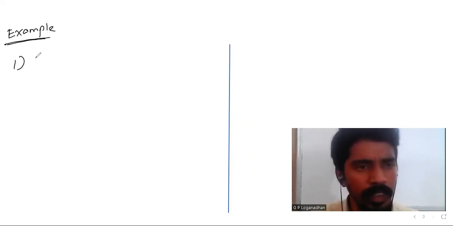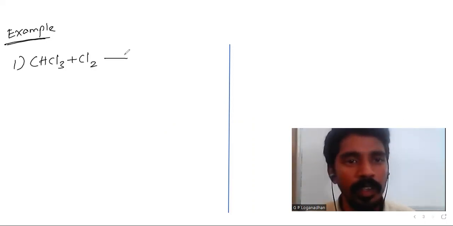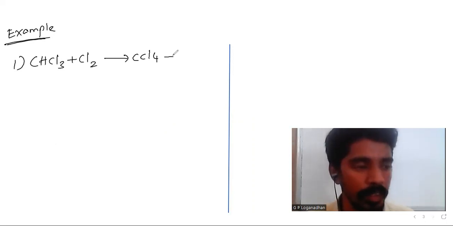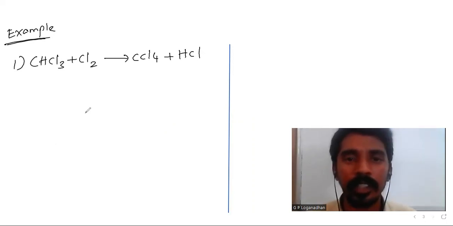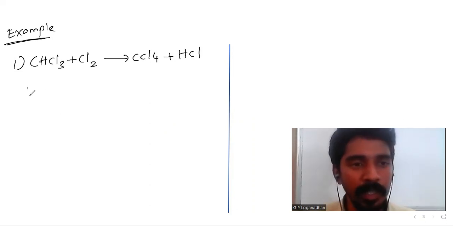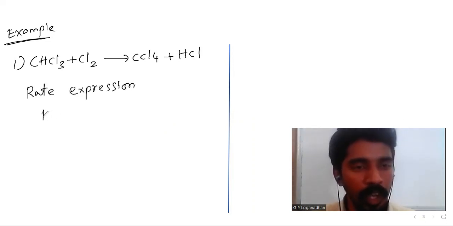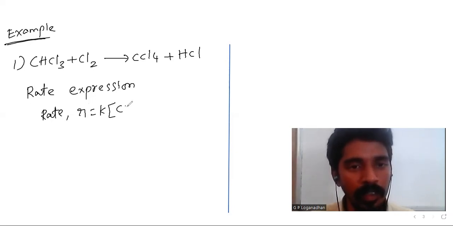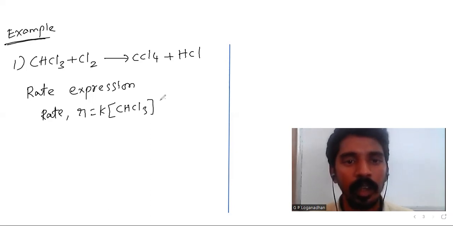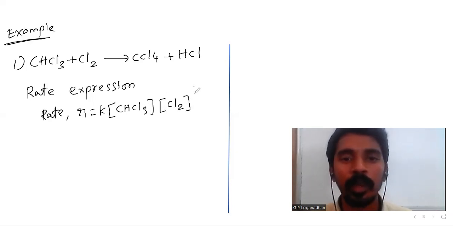Let us consider the reaction CHCl3 plus Cl2 gives rise to CCl4 plus HCl. For this reaction, the rate expression is given as rate R equals K into concentration of CHCl3 and concentration of Cl2 to the power 1 by 2.